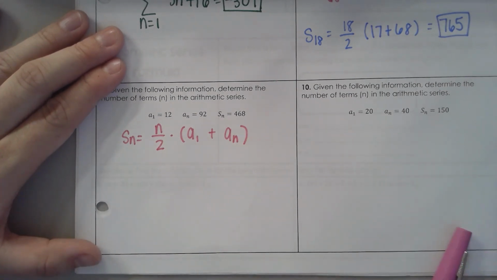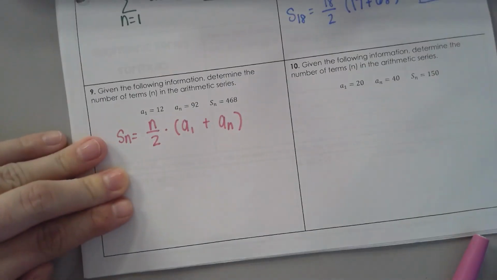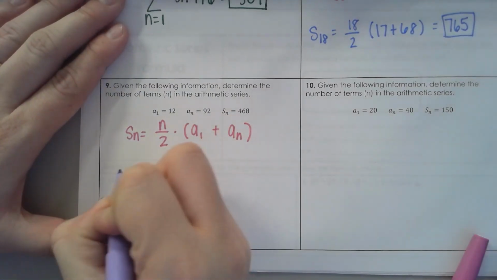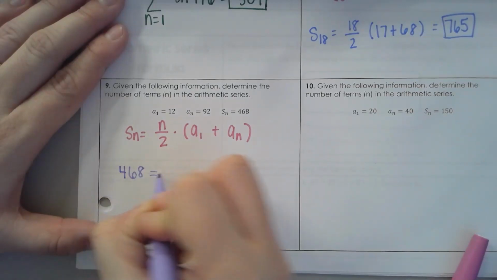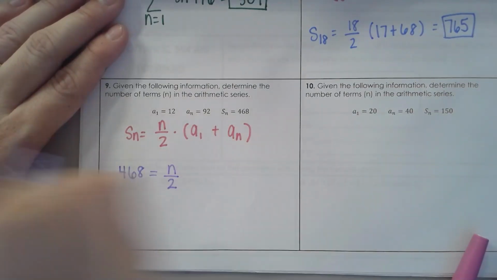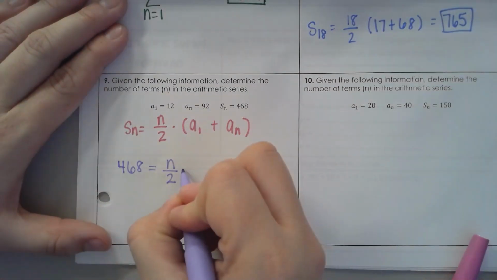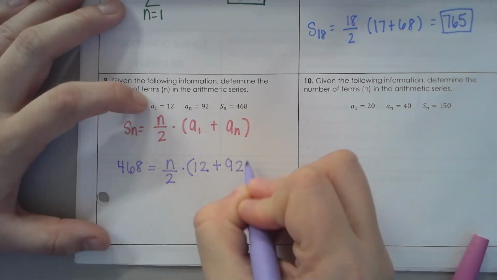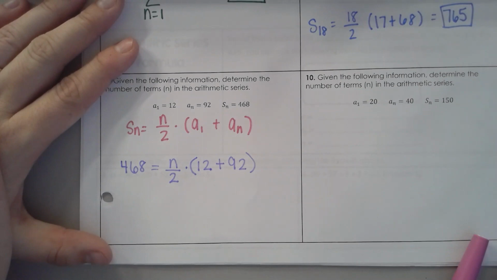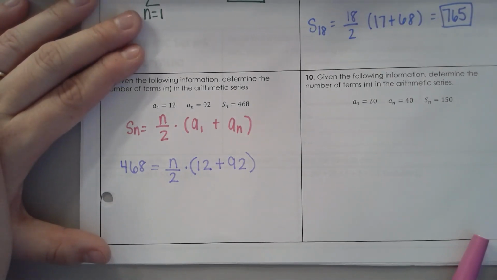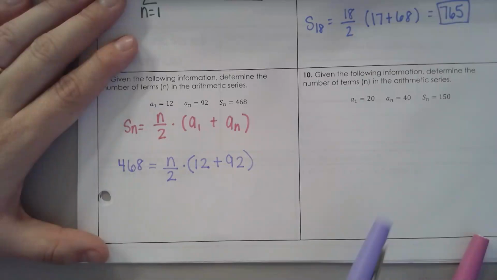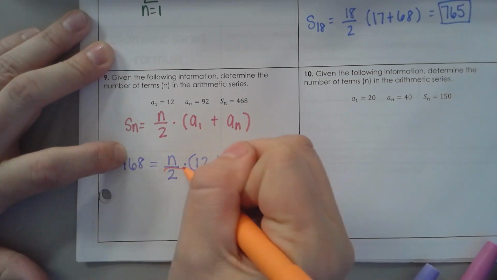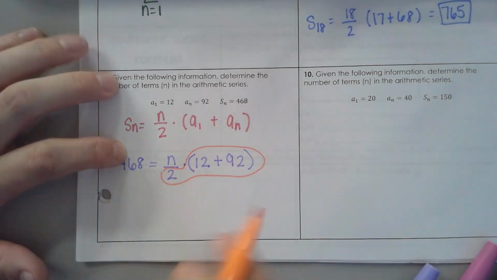And I'm going to fill in the parts that I know. I know that SN is 468, so my sum is 468. I do not know n, but I do know 12 plus 92. And you can actually type this all into the calculator at once.